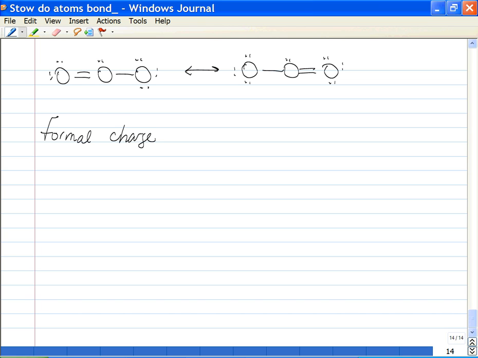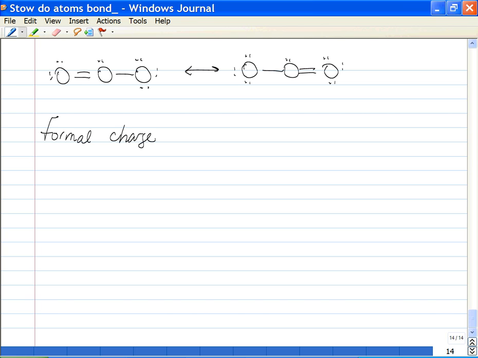So formal charge evaluates the charge on the atom, based on the number of valence electrons, right? The charge on the atom we can determine from its valence electron situation for the main group elements.